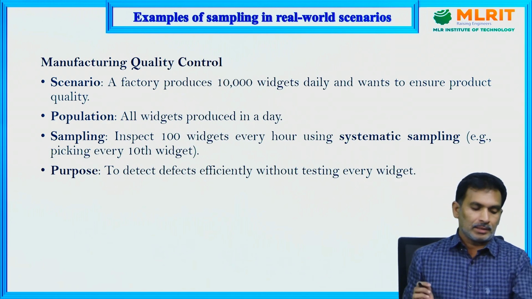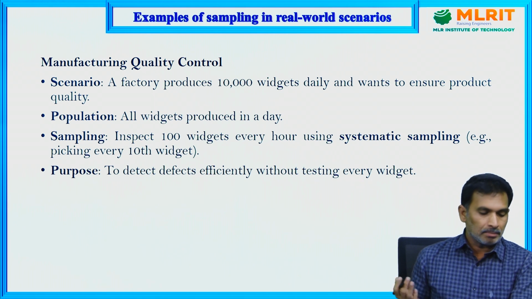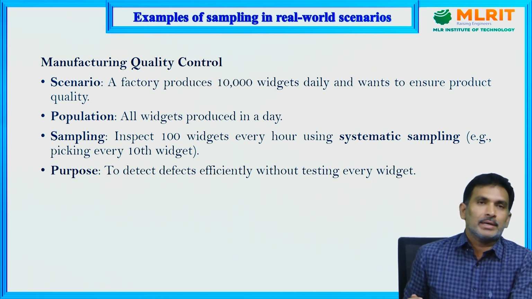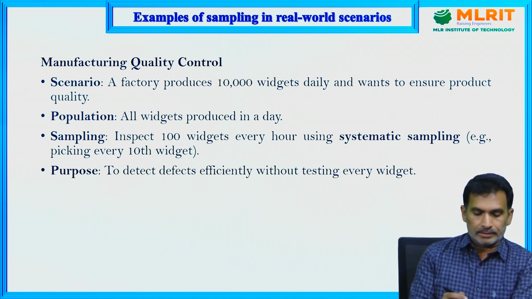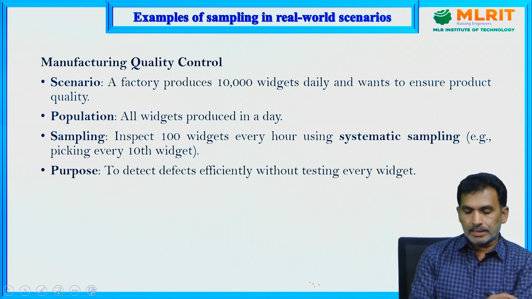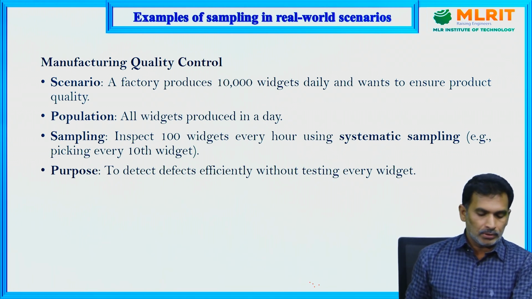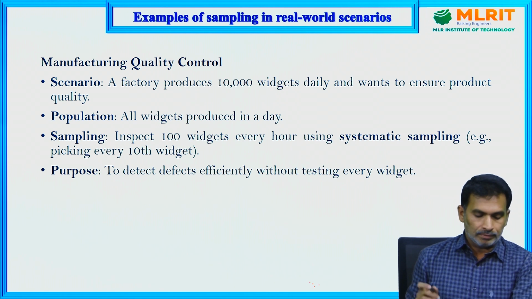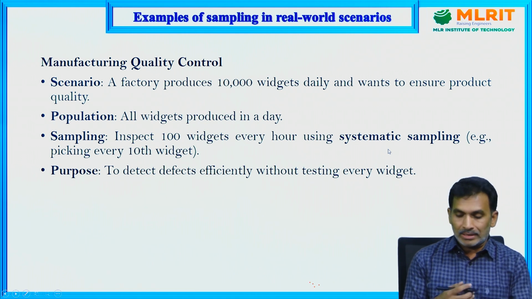Another example, one where we use sampling methods most of the time, is manufacturing quality control. The scenario is a factory that produces 10,000 widgets daily and wants to ensure product quality. The population would be all widgets produced in a day. For the sampling, we inspect 100 widgets every hour using systematic sampling, which is another category.